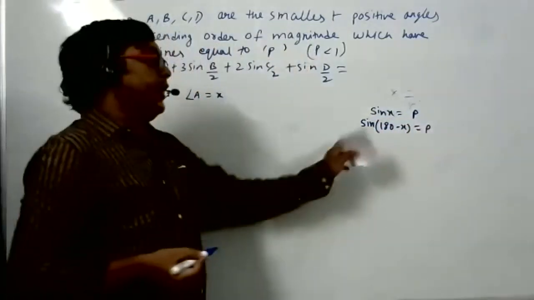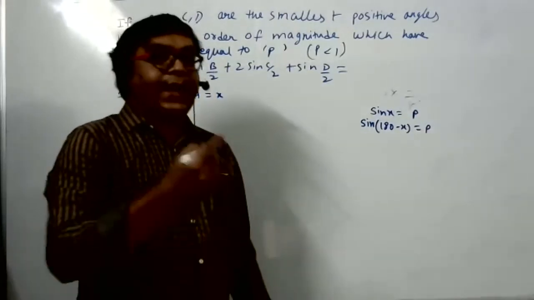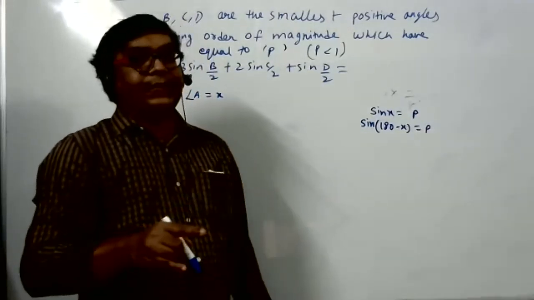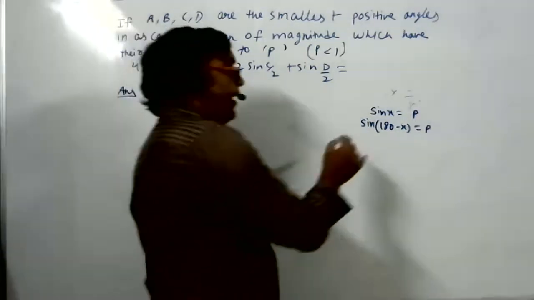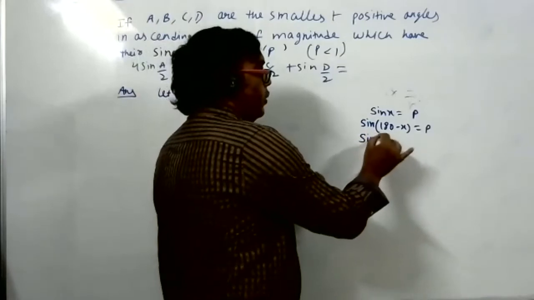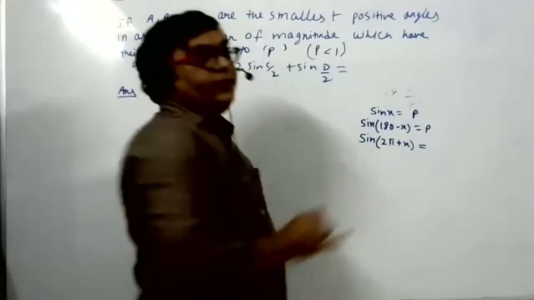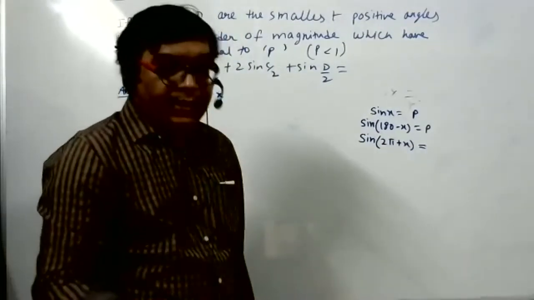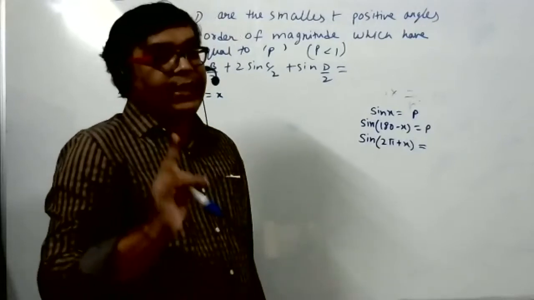Because sin 180 minus X is sin X. Sin X is P. What is the next angle whose sine is P only? Allied angle. Sir, X plus 2 pi. 2 pi plus X. There is no angle before 2 pi plus X whose sine is P, because in the third quadrant and fourth quadrant, sine will be negative.